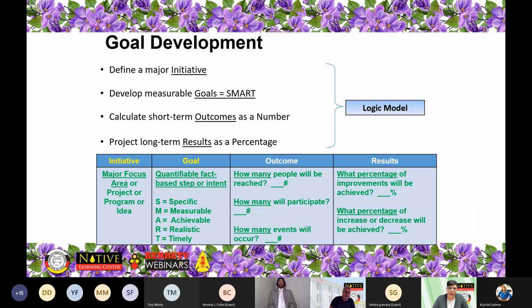So we've broken down our major initiative at the Native Learning Center, which is training, right? One of our goals is board of director training, and one of our outcomes is to generate X amount of attendees. That is our outcome. And our result down the road, hopefully, is to increase the knowledge of board of director functions and training in Indian and Native American communities.